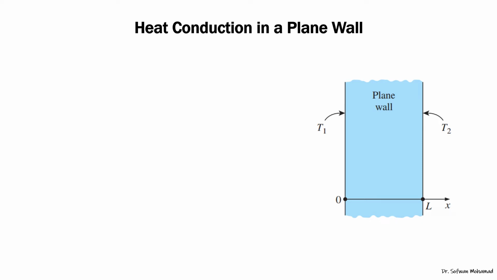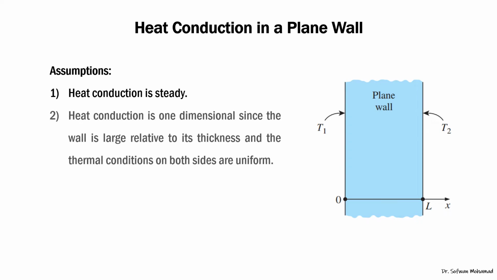Before we can solve this problem, we need to make a few assumptions. Assumption number 1, heat conduction is steady, because in the question they do not mention anything about time. Assumption number 2, heat conduction is one-dimensional since the wall is large relative to its thickness, and the thermal conditions on both sides are uniform.